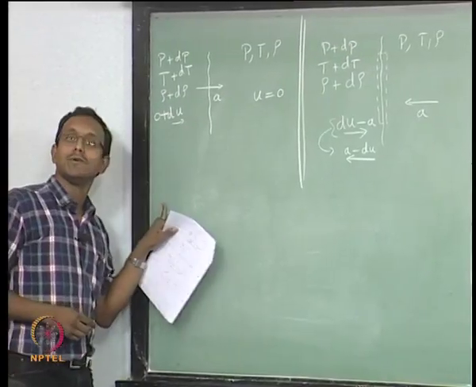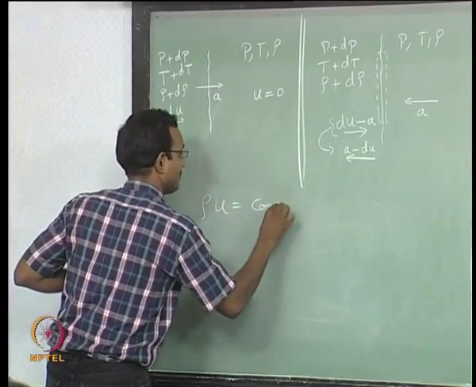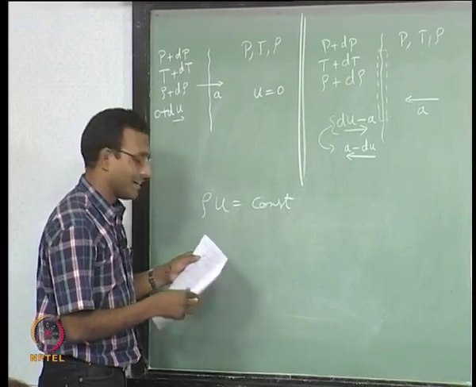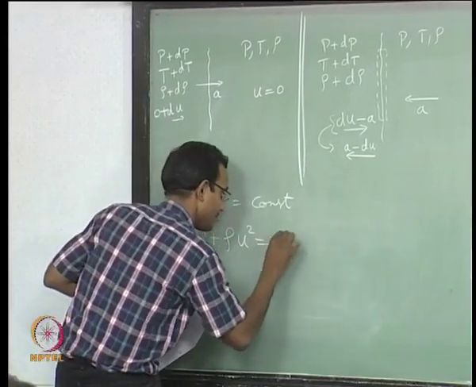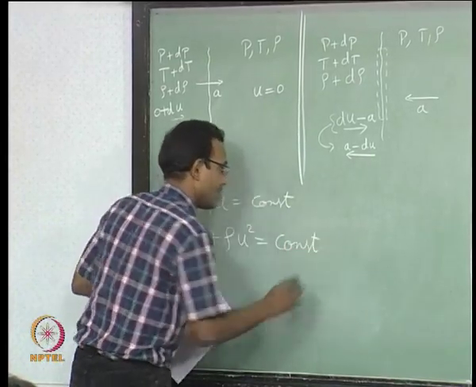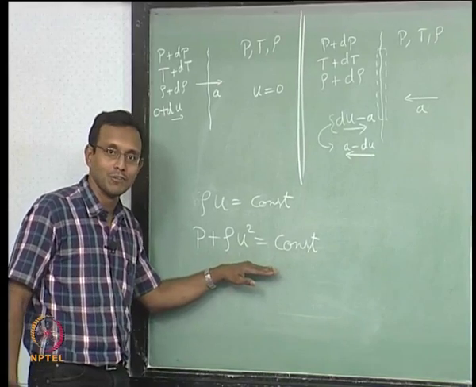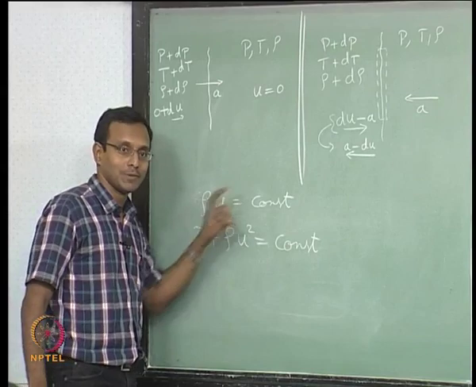Now the mass equation simply put is rho u is constant, and we already derived that p plus rho u squared is constant. For what case? This is a special equation only for one particular situation. Area is constant across my control volume.